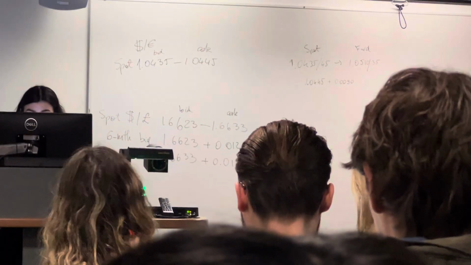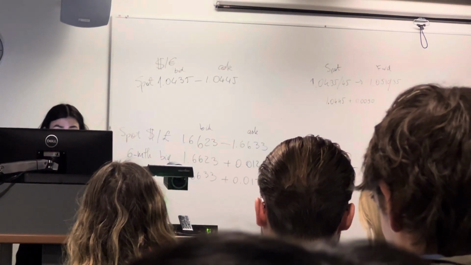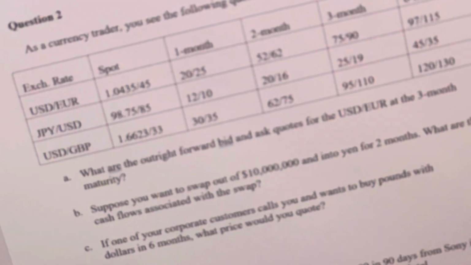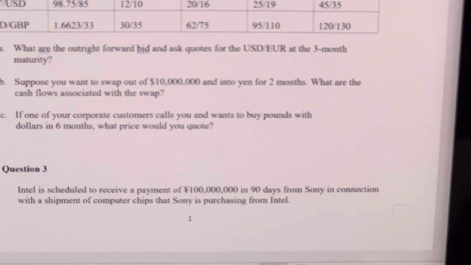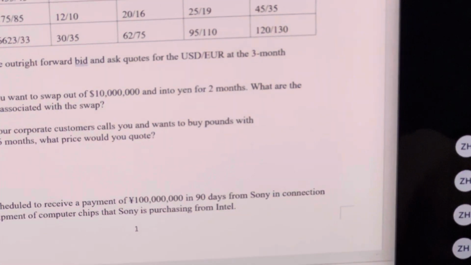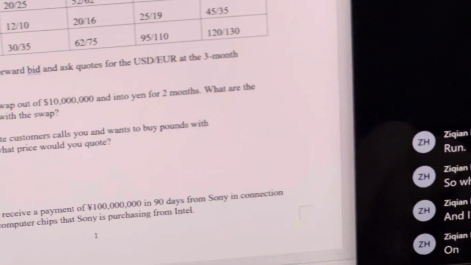So this one was very easy, and now B is a swap. So can you do the swap, and I will have a look. Big price, it should be 1.6713.